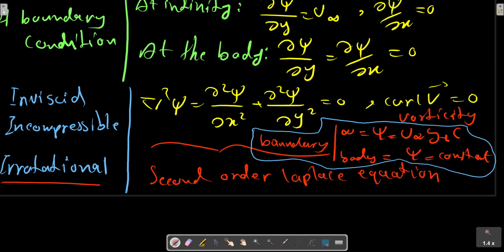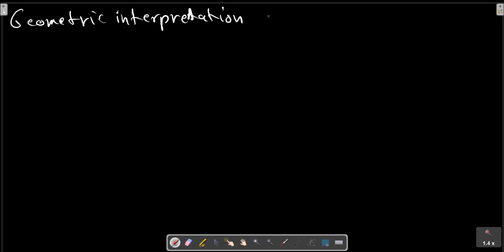The next subsection related to the stream function is the geometric interpretation of the stream function.